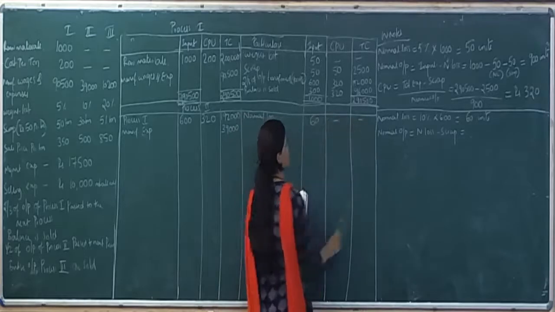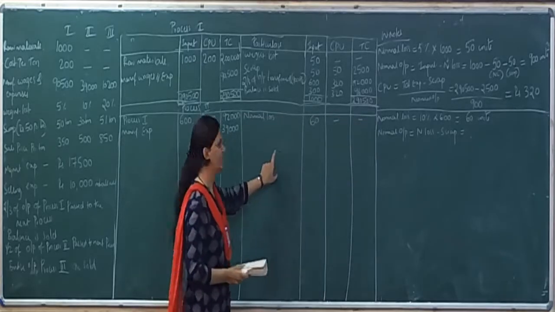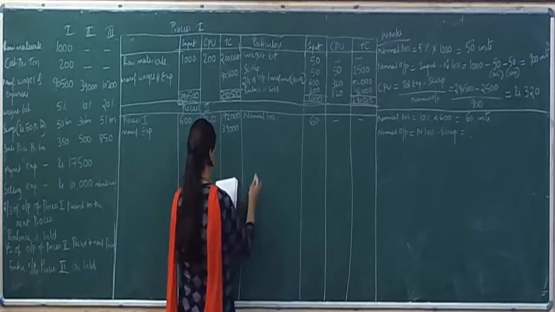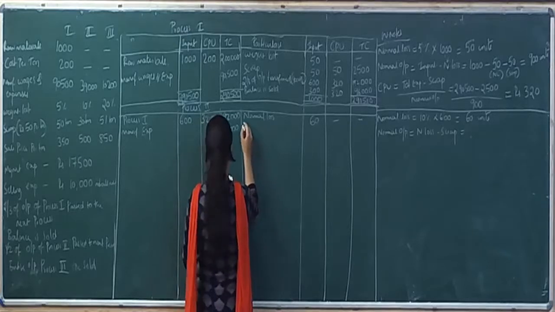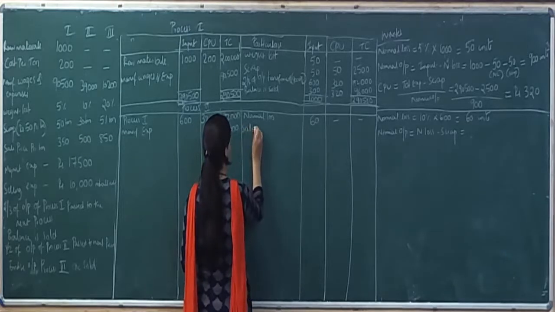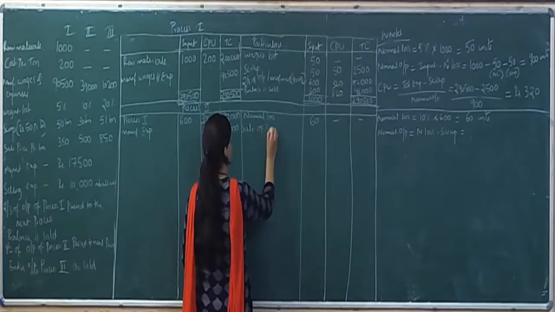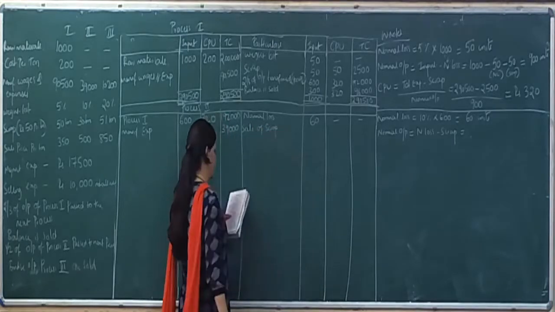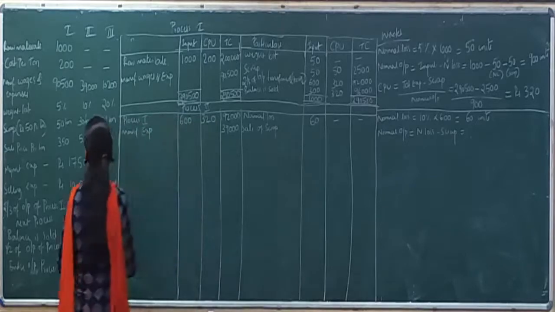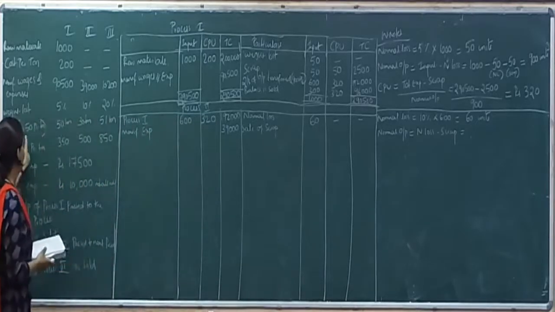We don't have any CPU given, so we will not write anything here. Directly we can record scrap, sale of scrap. Sale of scrap is how much?